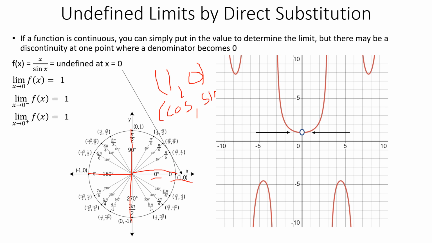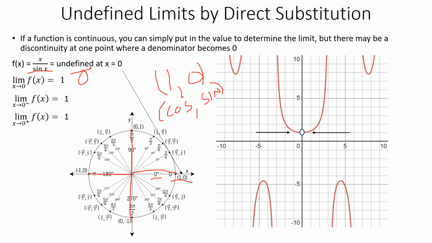And I want you to understand, most importantly, that I've got an equation here, f of x equals x over sine x. Now, if I have sine x here and x is 0, it's undefined. That would put a 0 in the denominator.